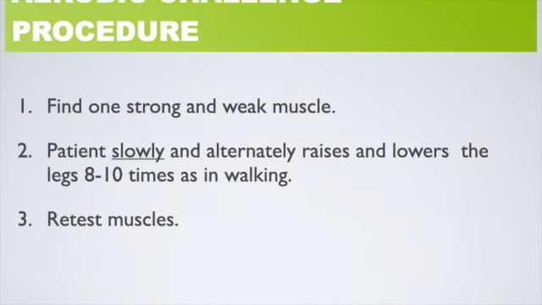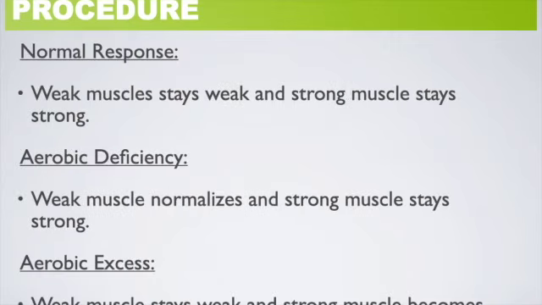The way we do the aerobic challenge is we find one strong and one weak muscle. I'll demonstrate this in the workshop. The patient slowly and alternately raises and lowers the legs 8 to 10 times, as if they were walking, at about 1 per second. Then we retest the muscles. In a normal response, the weak muscle stays weak and the strong muscle stays strong because nothing's really changed.